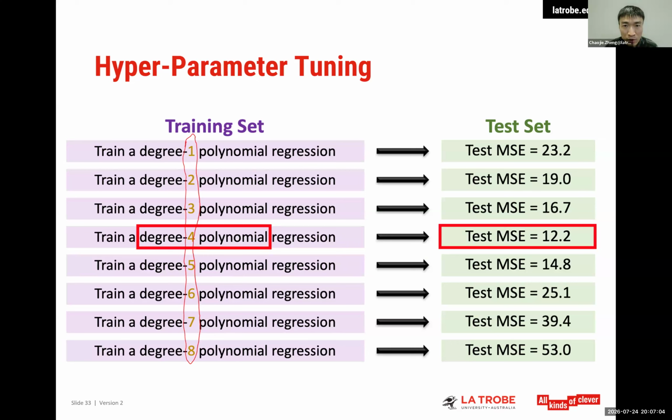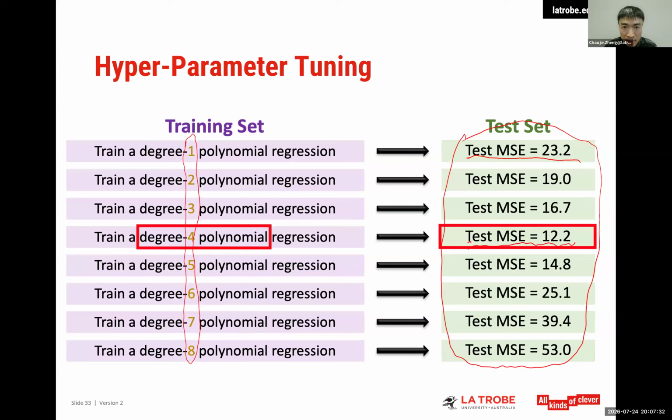And for each model, we will have a score representing the performance of the specific model on the same testing set. So with this testing performance or testing error collected, we can find the lowest error among them.